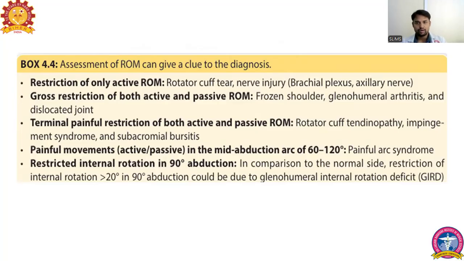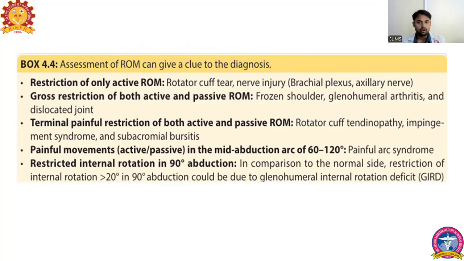For every movement, abduction, adduction, flexion, extension, you ask the patient to do it actively, and then you check the remaining movement passively. For example, the patient may only be able to do 90 degrees of abduction actively and not beyond that. Passively, you should go up to 180 degrees and check whether there is any restriction of movement, whether you can do the full movement, and whether there is pain or crepitus.